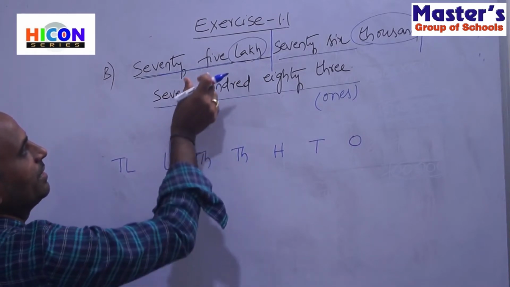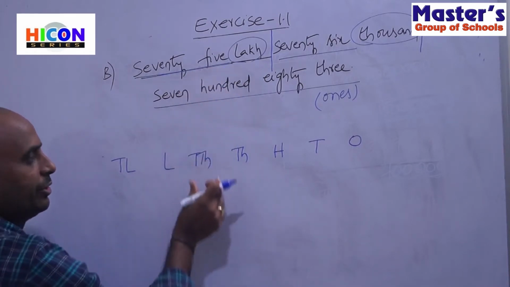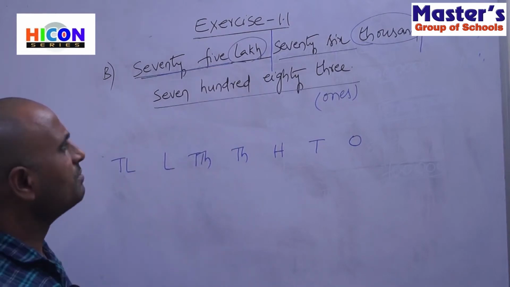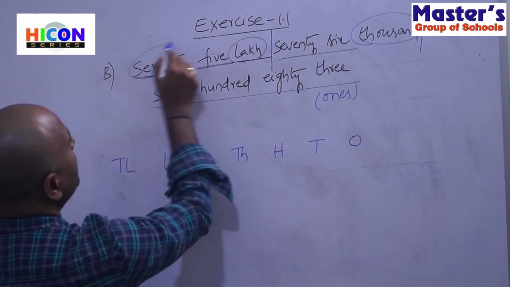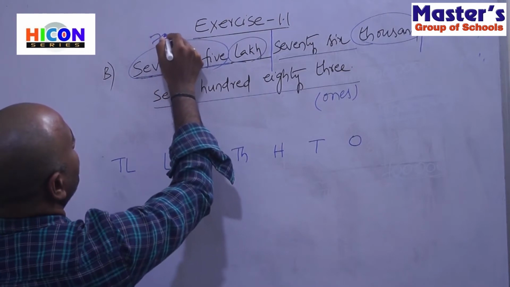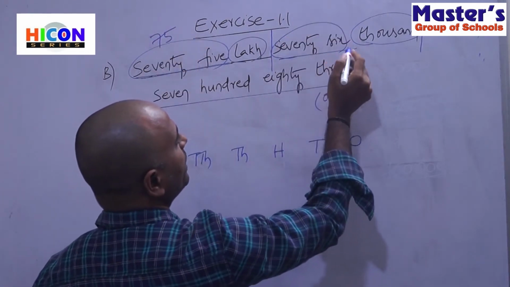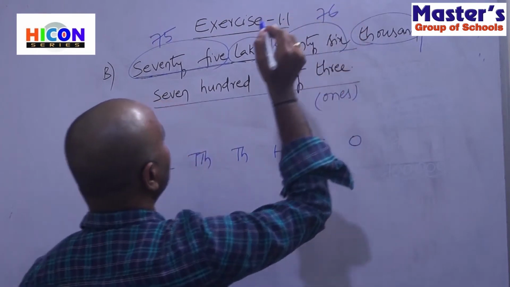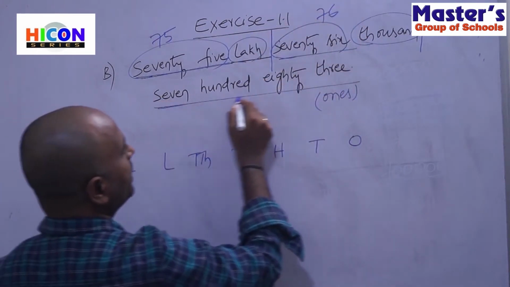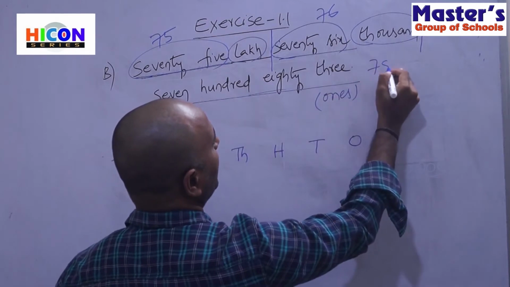Now insert the given periods into this place value chart. Convert into numbers: 75, the thousands period contains 76 and the ones period contains 783.